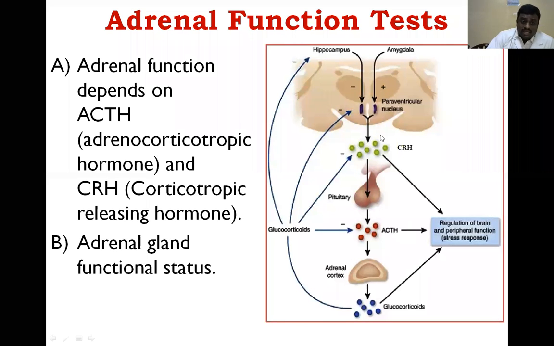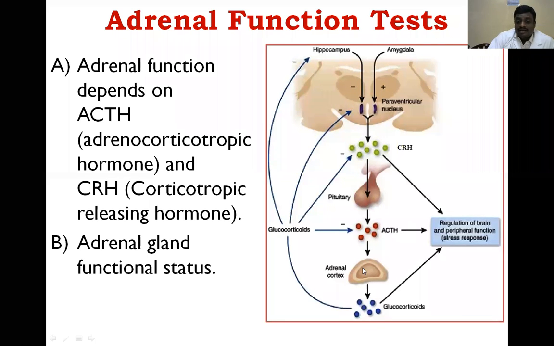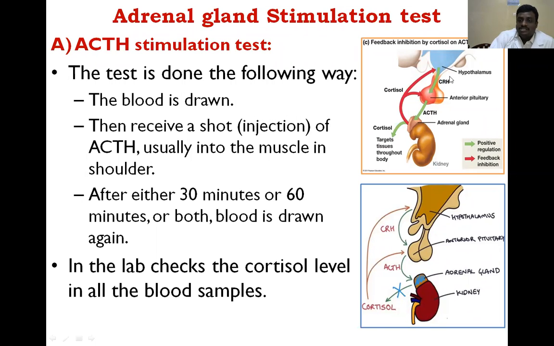So adrenal function mainly depends on the hormones ACTH and CRH, and we are also estimating the adrenal gland's functional status itself. So what are these, we will discuss. Here is the adrenal gland stimulation test. This is the adrenal gland. It is stimulated by the adrenocorticotropic hormone and corticotropin-releasing hormone.